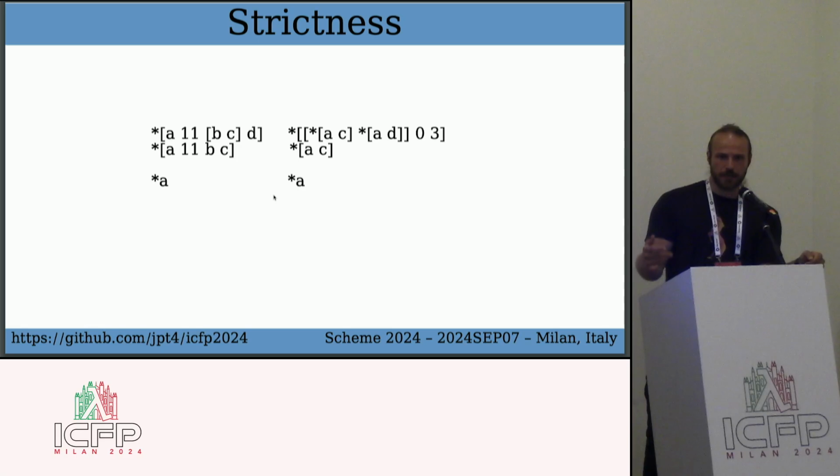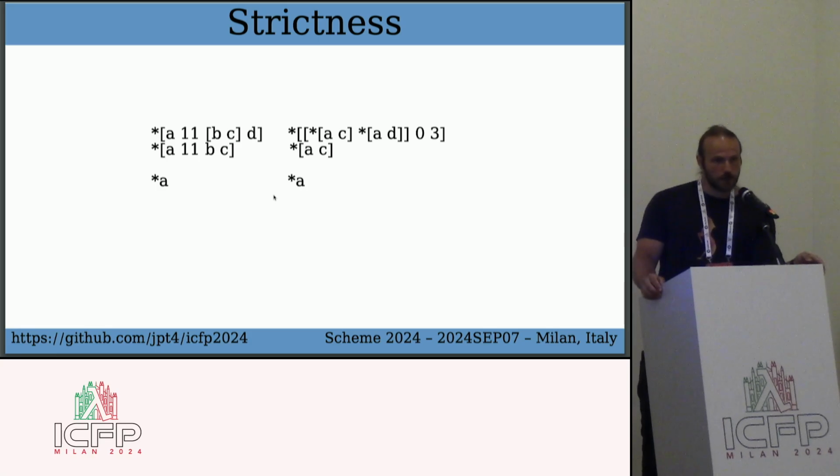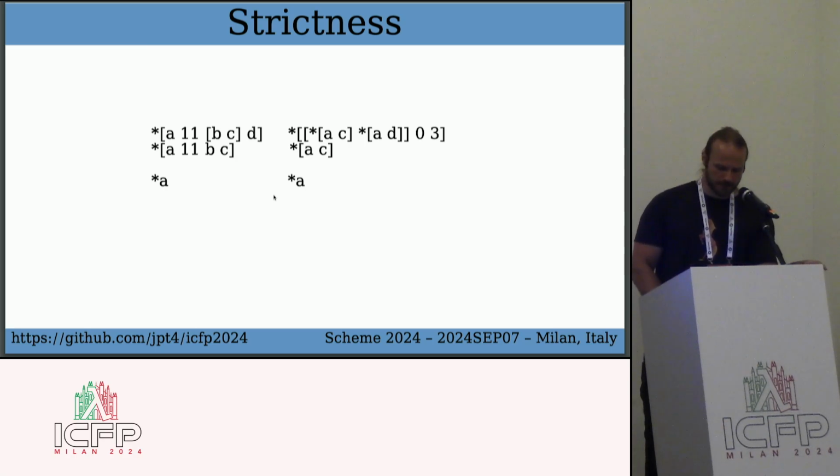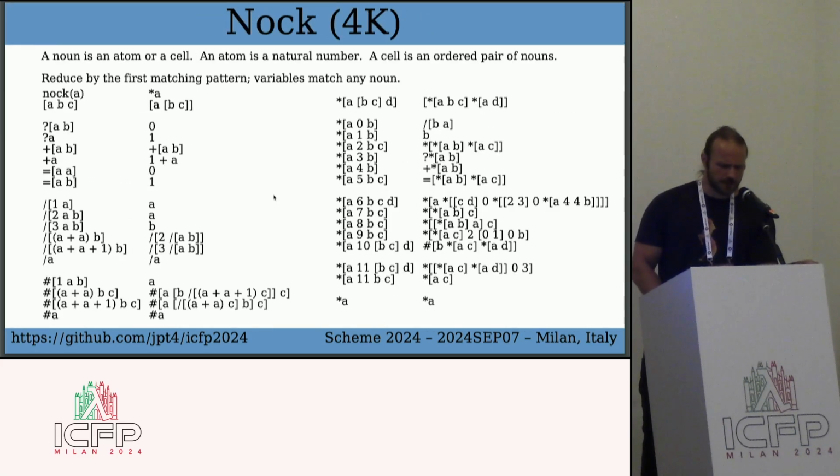There must be a full partitioning of your possible pattern match space so as to produce the effect of match from the first pattern downwards. In a functional language like Scheme, you effectively get the conjunction of negations of every pattern which did not match above a given pattern. So I'll repeat that, jumping back up to here: reduced by the first matching pattern.